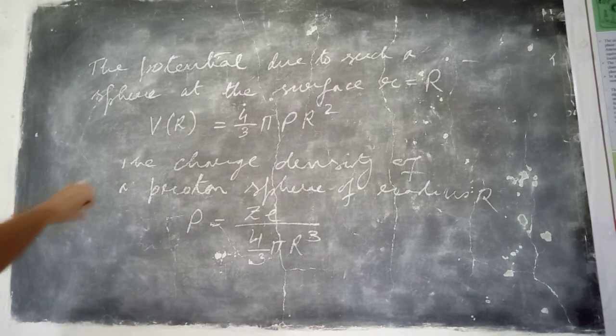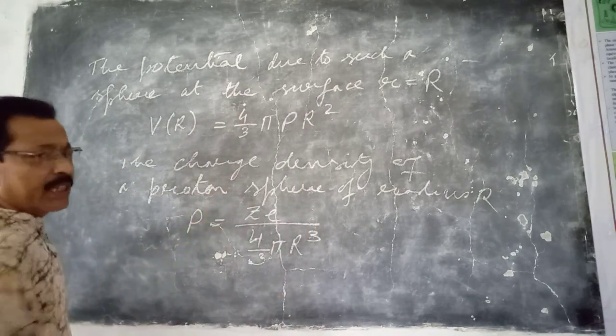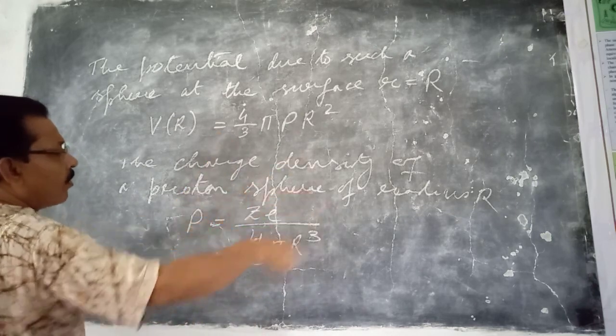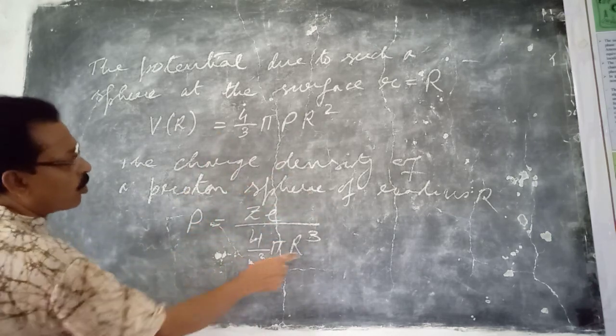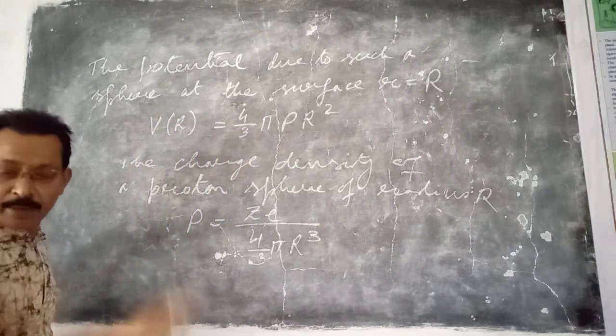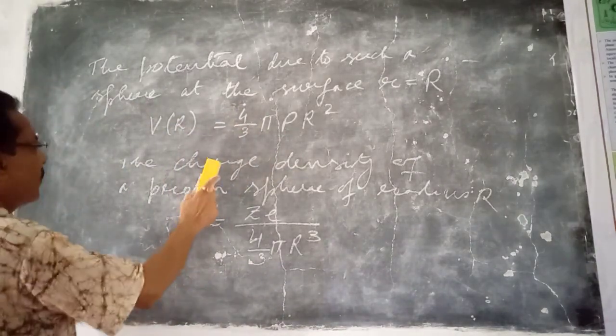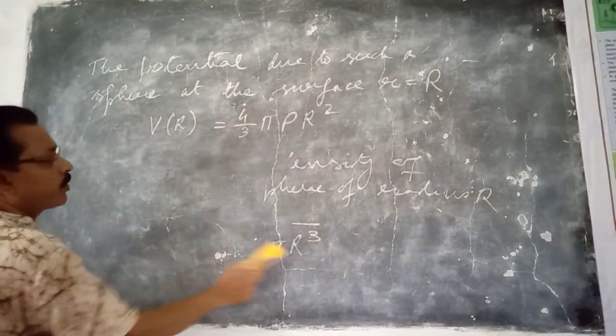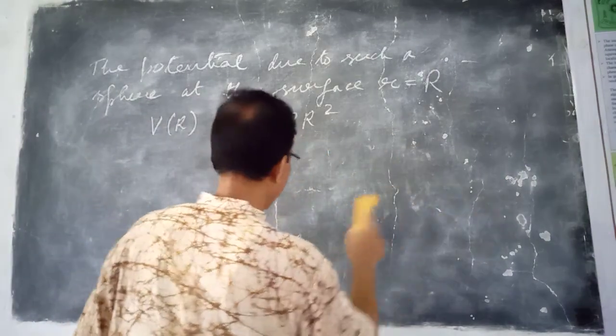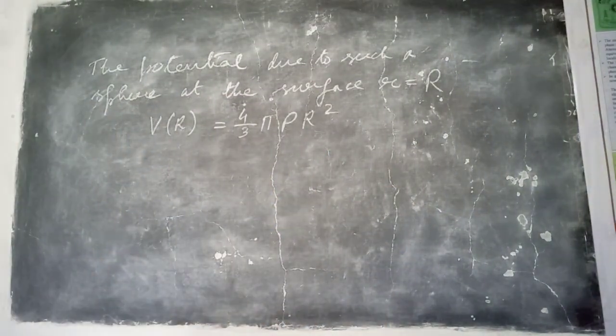That means V(R) is equal to Ze by R, charge by the distance capital R. Now Ze is replaced by rho 4/3 pi R cube, so you get this formula. So this is the potential at the surface of the nucleus of radius R.